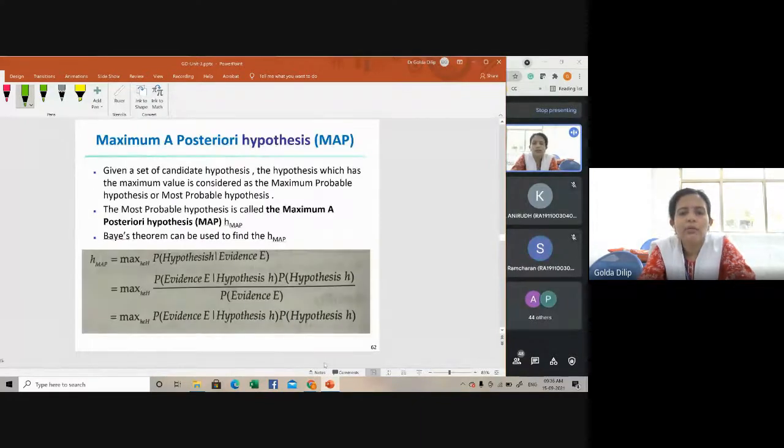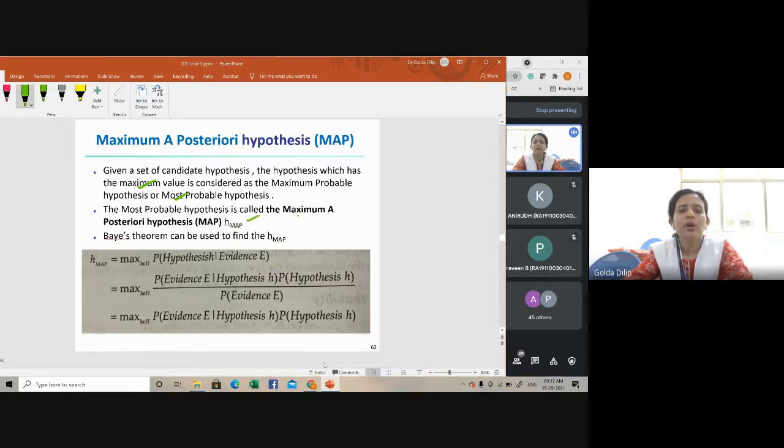So you have a formula for it. Given a set of candidate hypotheses, the hypothesis which has the maximum value will be considered as the maximum probable hypothesis, or it is also called the most probable hypothesis. The most probable hypothesis is called your maximum a posteriori hypothesis, H MAP.